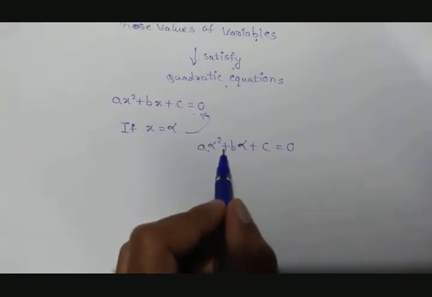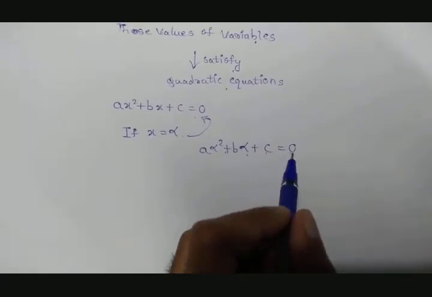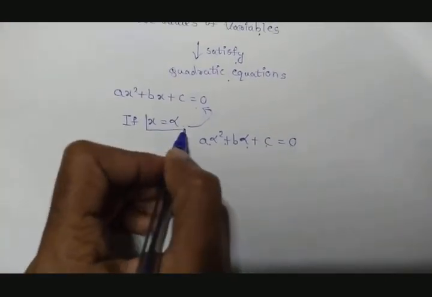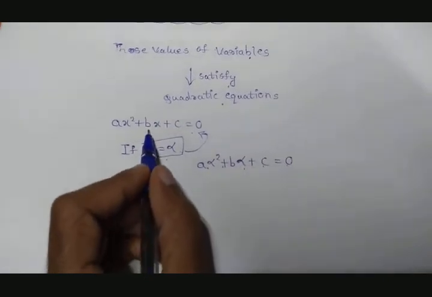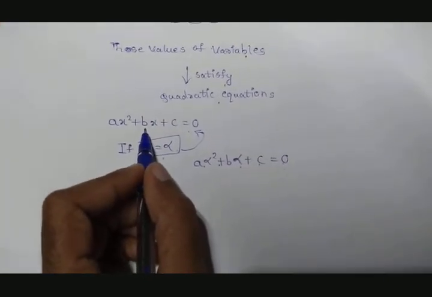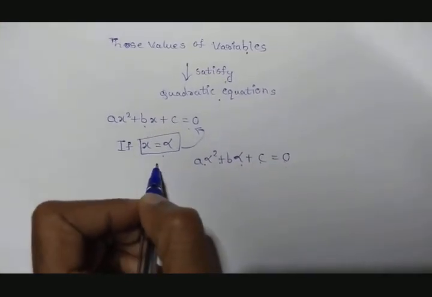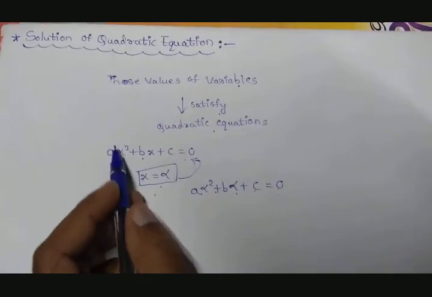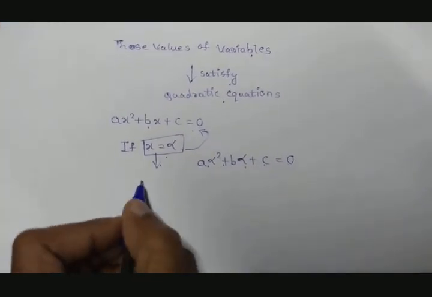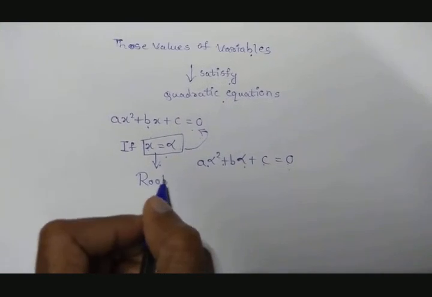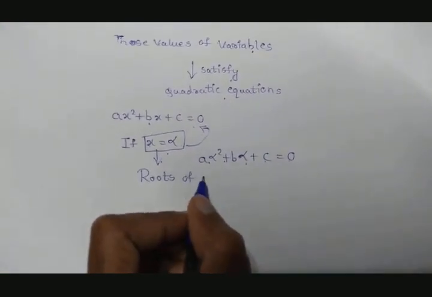If a alpha square plus b alpha plus c equals to 0, then we say that x is equals to alpha is a solution of the given quadratic equation ax square plus bx plus c. So this was about the solution of quadratic equation. So these solutions can also be called as roots of quadratic equation.